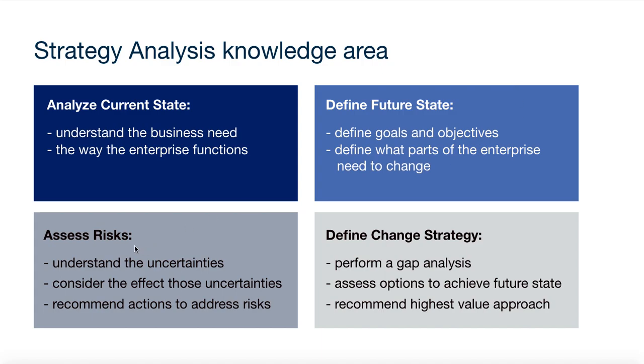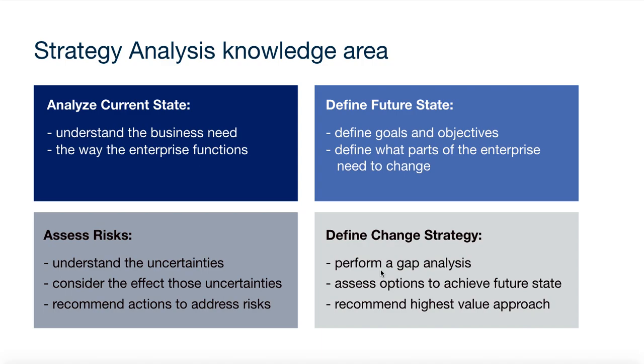The next one is, let's say, you are now looking at this is my current state and this is my future state. Let's say that everything is very clear, there doesn't seem to be much uncertainty. Then you need to define the change strategy, and you would perform a gap analysis.